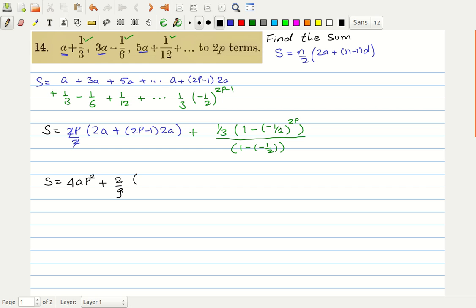So minus half to the power even number is always going to be a positive number. So minus half to the power 2p is going to be equal to 1 by 2 to the power 2p, right? So this will be 1 minus 1 by 2 to the power 2p.